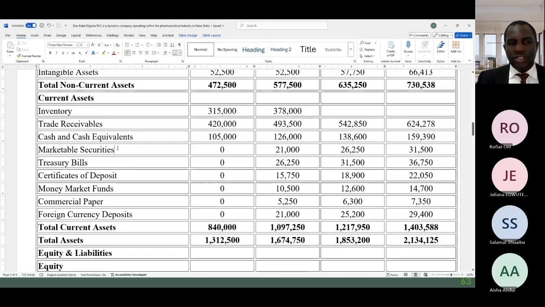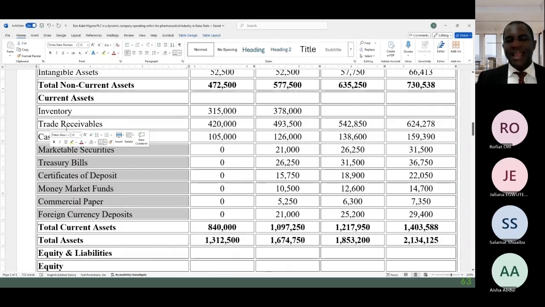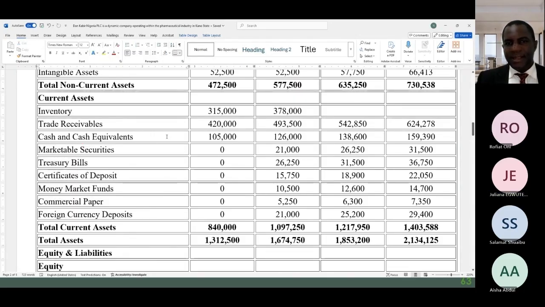Take note of that: cash at hand and cash at bank. Marketable securities don't qualify because they are not readily physical cash. They are securities you bought, but it takes time to convert them. So from marketable securities down to foreign currency deposits, you can't use them because they are not readily available cash. But cash at bank you can easily withdraw at will, and cash at hand is your petty cash physically.